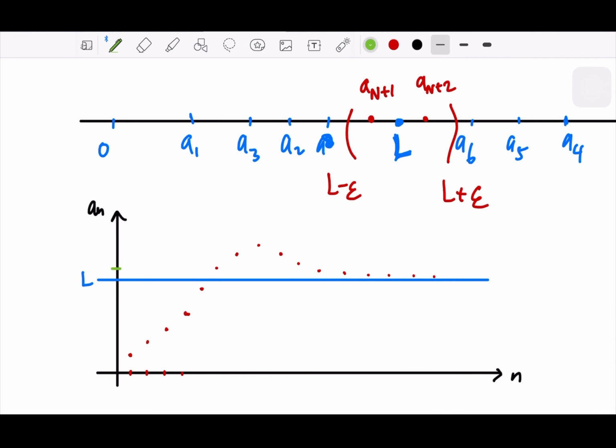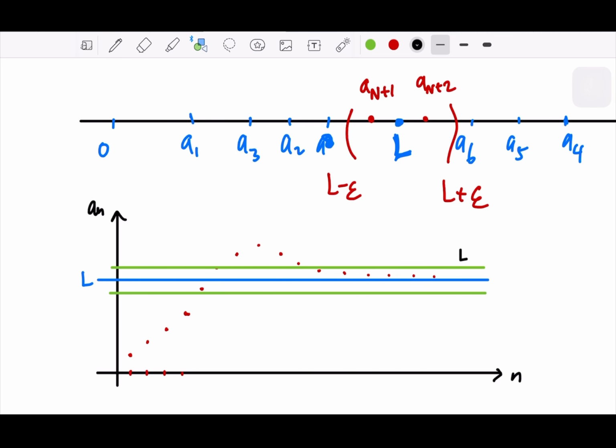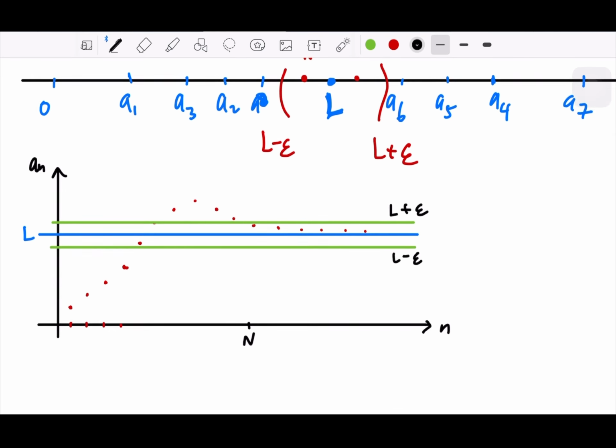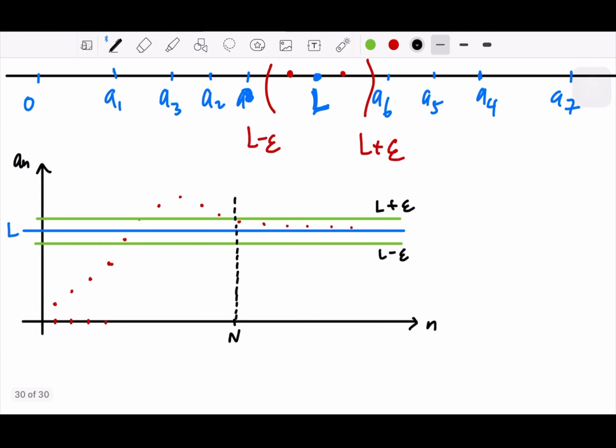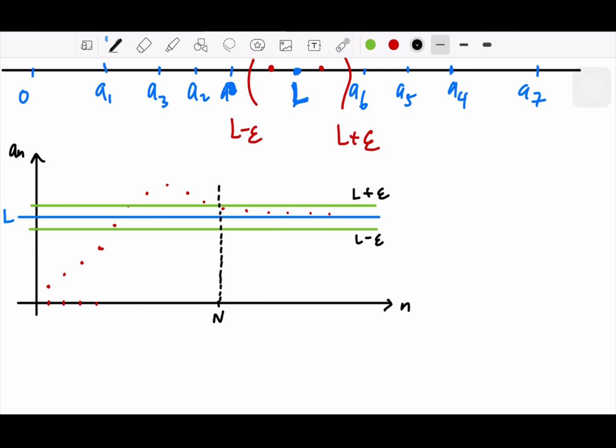And then if we take this line and this line to denote some epsilon, this is L plus epsilon and L minus epsilon, which denotes some small distance epsilon from L. So if I take some number n, maybe here, and look at how it interacts with L, you see that the points will lie between the green lines.